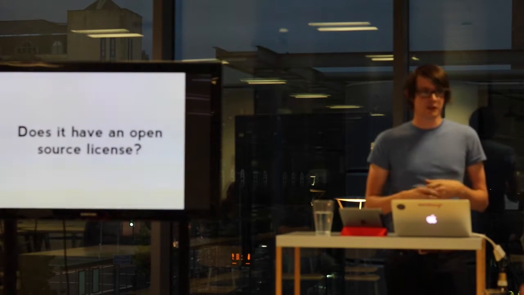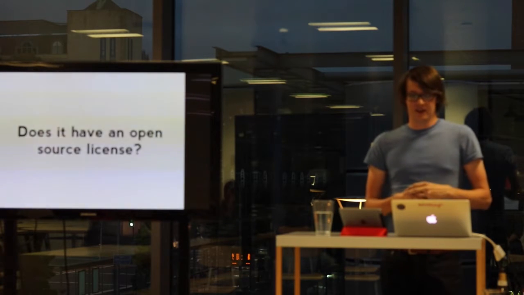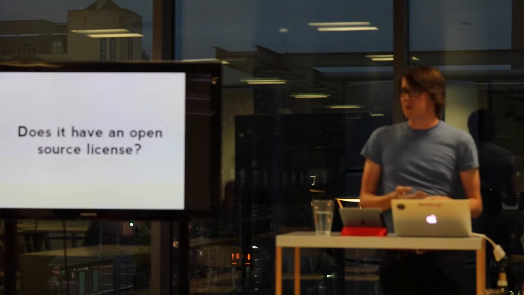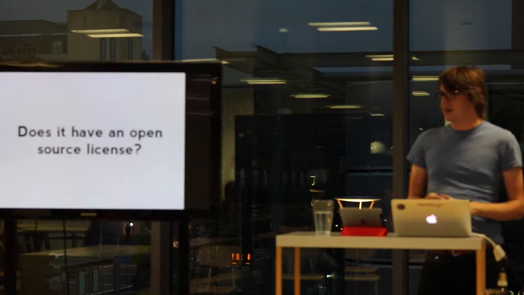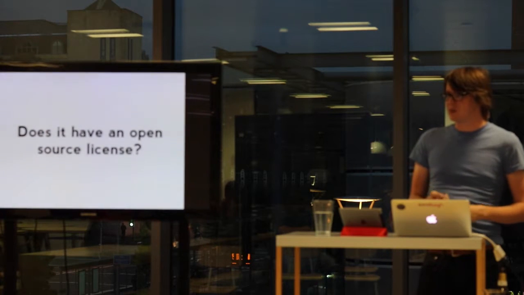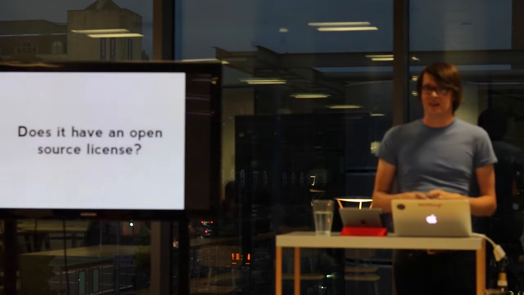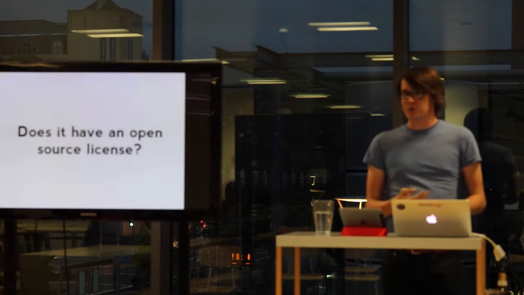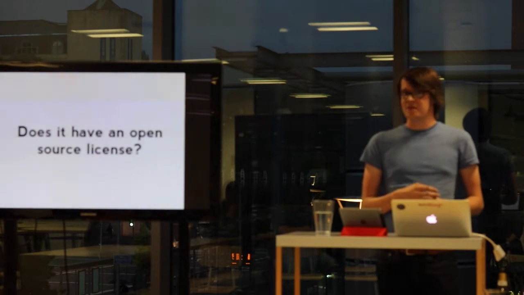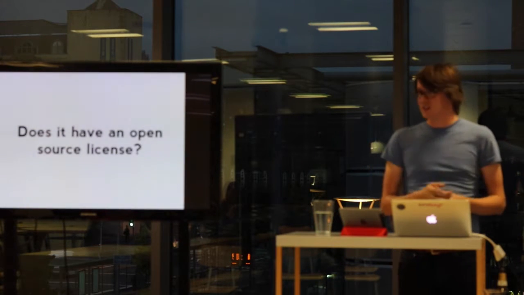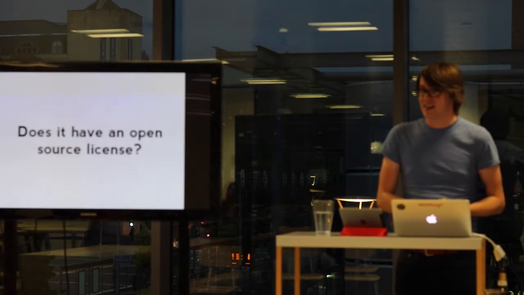Does it have an open source license? This is actually a really good, cheap way of working out if someone considered other people using their library. If they haven't put a license on it, they probably didn't think about other people wanting to be able to use their license, partly because they're not strictly allowed to use it. Just because your code is readable on GitHub doesn't mean that they've granted you permission to use it, which is tucked away neatly in the GitHub help section.